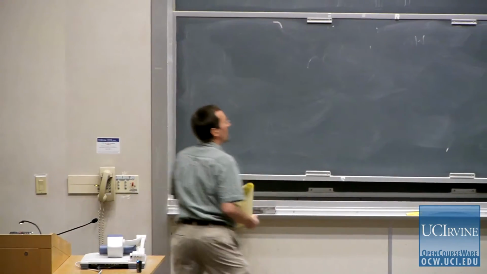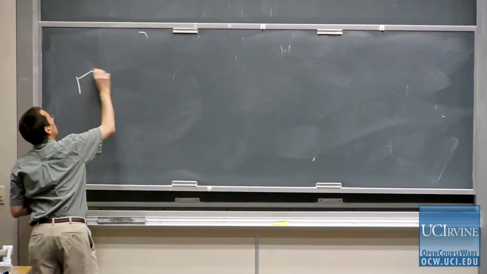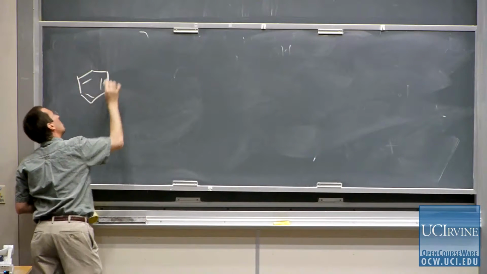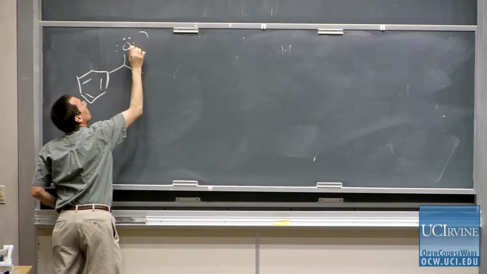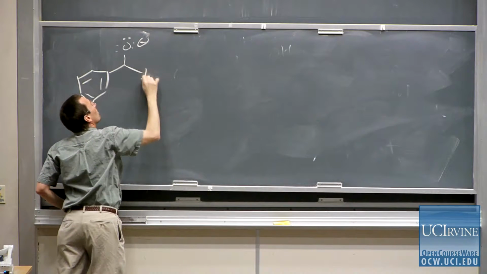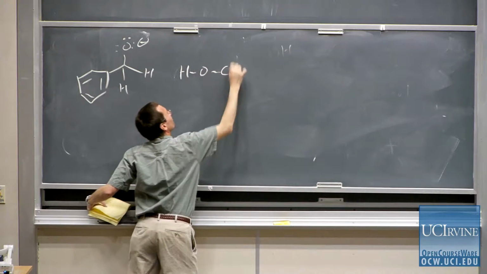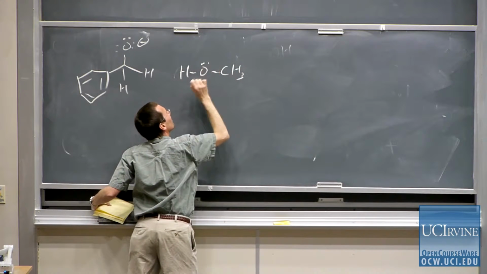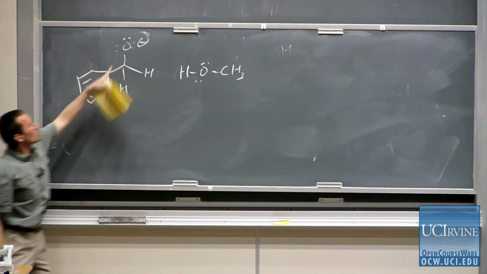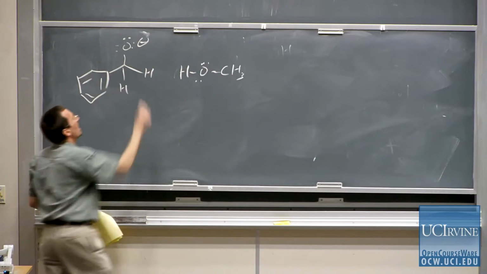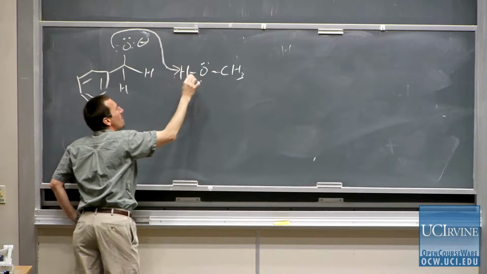So here we have our alkoxide anion. We're in a ton of methanol. So electrons can flow from the oxygen of the alkoxide anion to the proton of methanol.